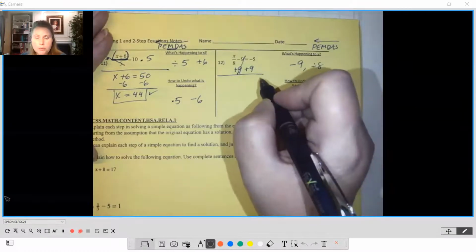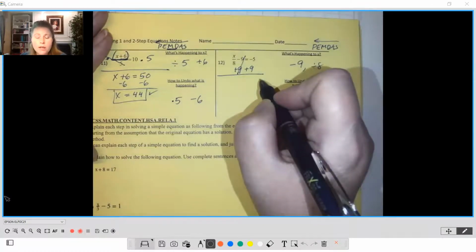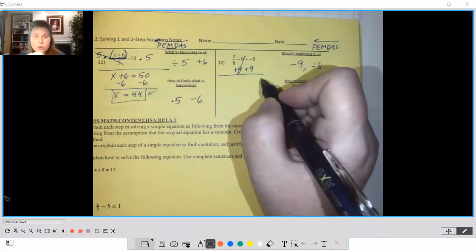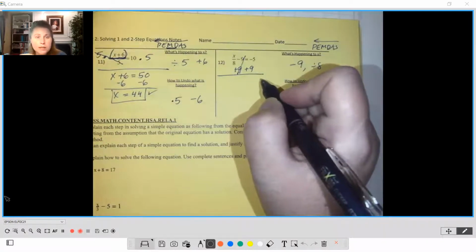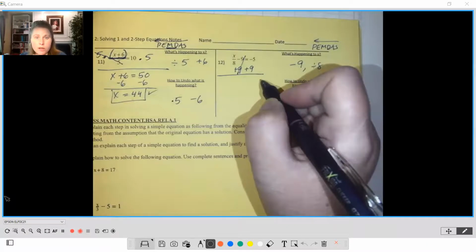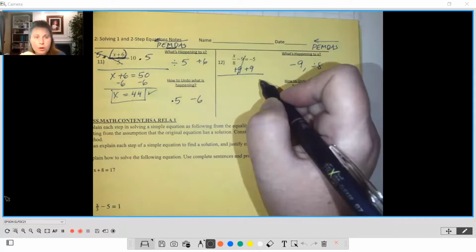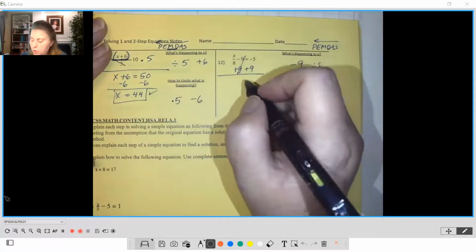So it's really important that you get into the habit of showing your work, not only so that you get points for your tests and quizzes, but also because as we get to more complex equations, you need to develop these habits from the beginning of how to show your work and how to balance equations while we're working with simple equations before they get complex. Because they do get complex quickly.